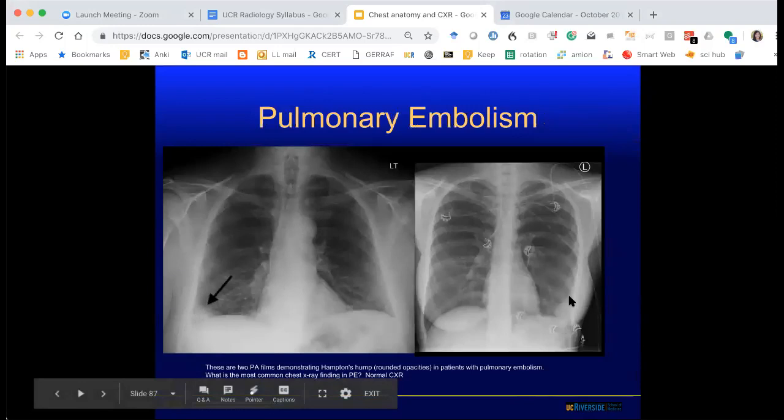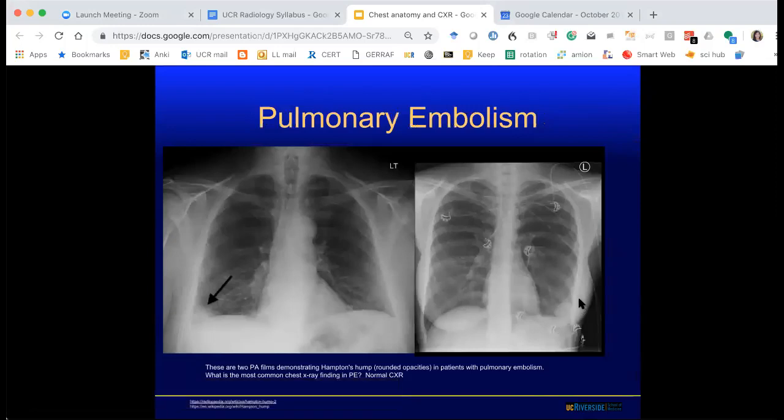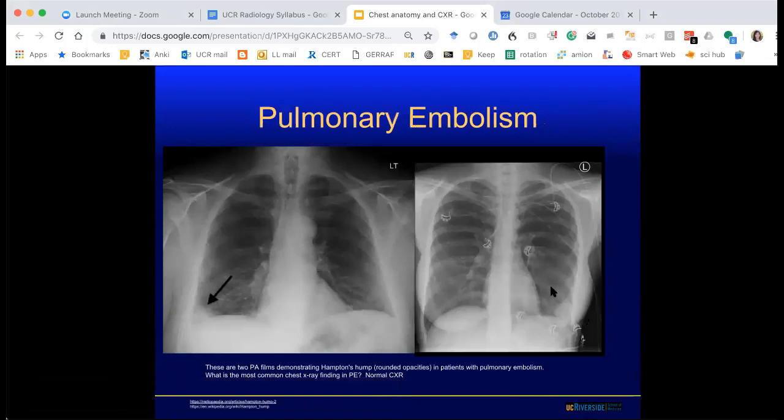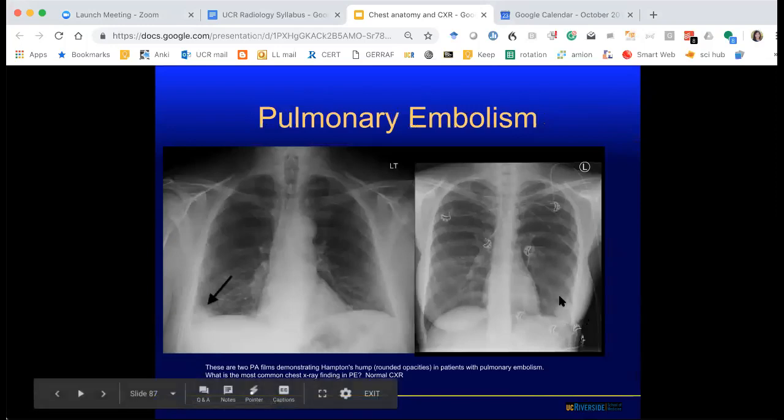And then you see a similar peripheral consolidation on the left in this patient. So this is called Hampton's hump. And this is the segment of the lung that has been infarcted from the embolism. So this is end stage.